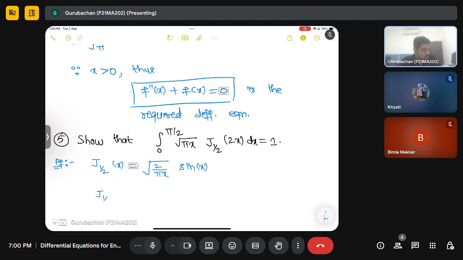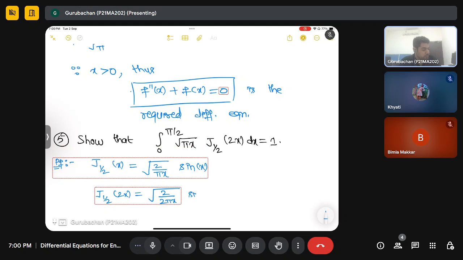So J half of 2x is going to be under root 2 by 2 pi x sine 2x, which will give us under root 1 by pi x into sine 2x.